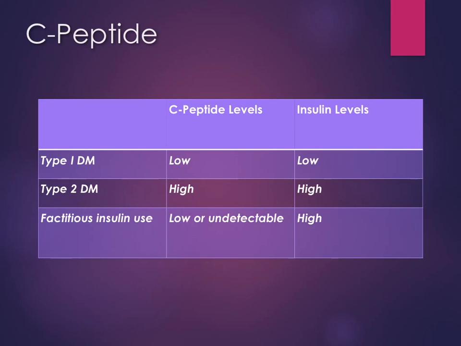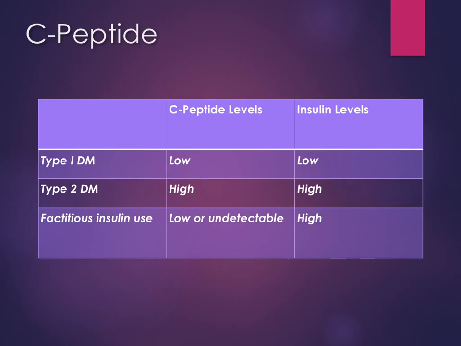Where this is going to become important to you is when you have a patient who may have an unexplained hypoglycemia. And now you have to try and figure out, okay, do they have an insulinoma, or did they take an overdose of their insulin? Or was somebody doing something shady and they injected somebody with insulin? If you're not sure, you can get a C-peptide.